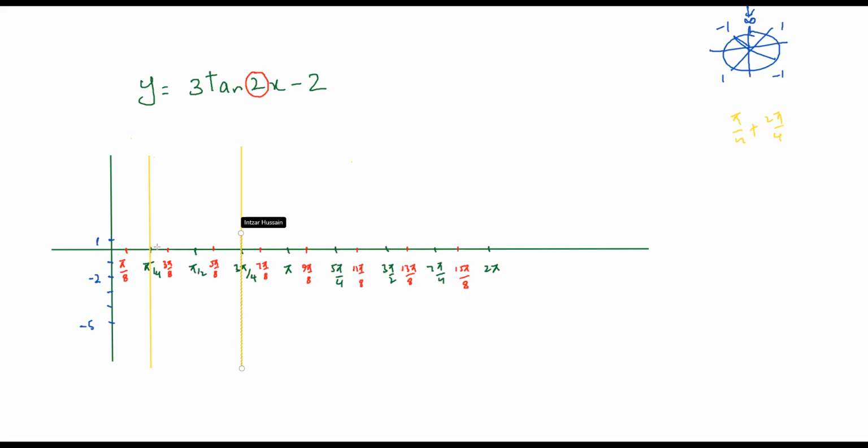And you can count these points over here as 1, 2, 3, 4. Then you have 1, 2, 3, 4. So here is your next asymptote. Please look at these steps so that you can draw this easily. And then again, 1, 2, 3, 4. So I have my next asymptote here.